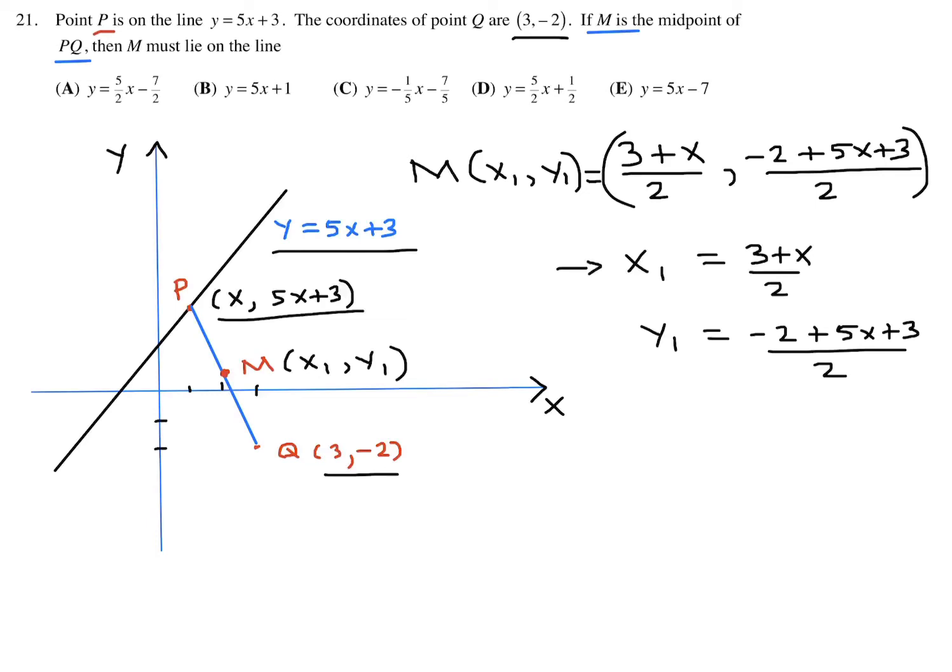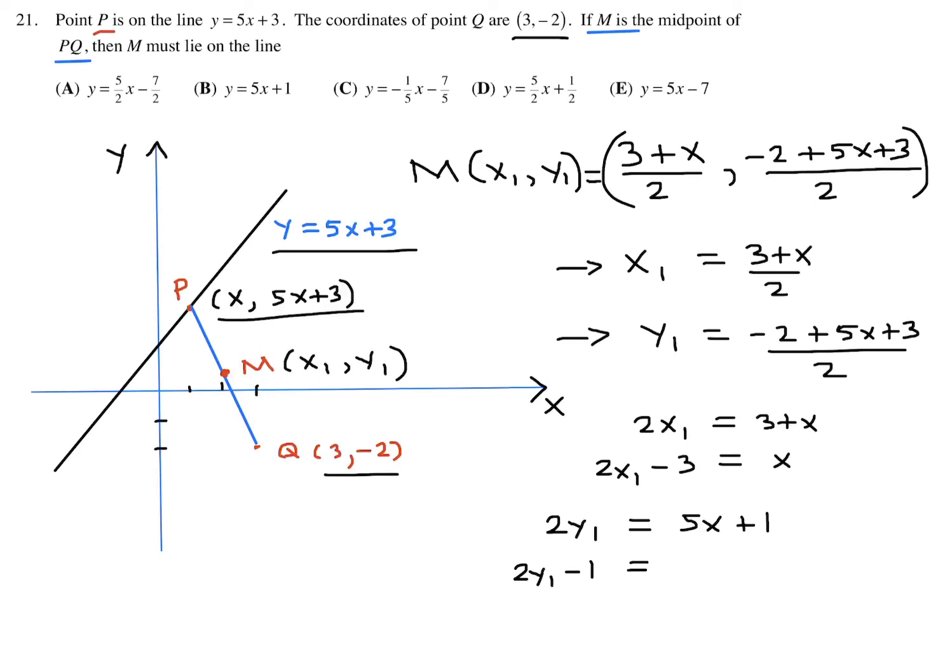All right, so let's solve for x in both of these. In the first one, we get 2x1 is equal to 3 plus x, and therefore x is equal to 2x1 minus 3. In the second one, we would get 2y1 is equal to 5x plus 1, and this would be 2y1 minus 1 is 5x, and therefore x is equal to (2y1 minus 1) over 5.